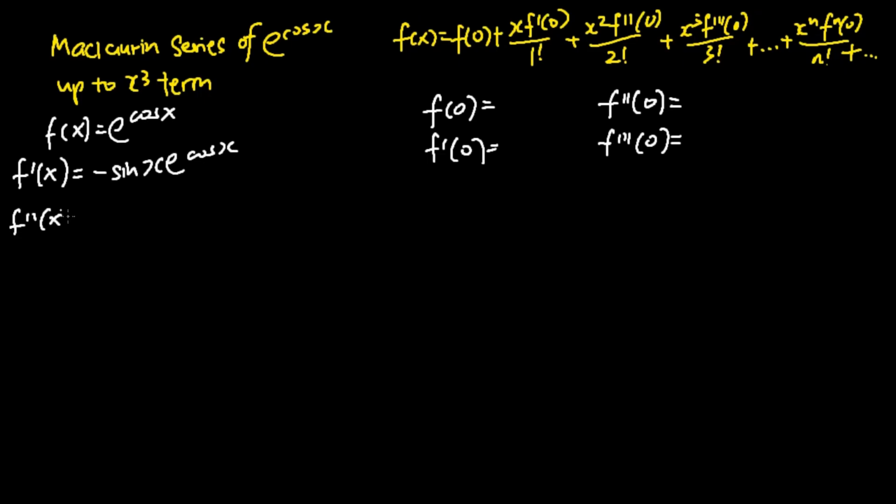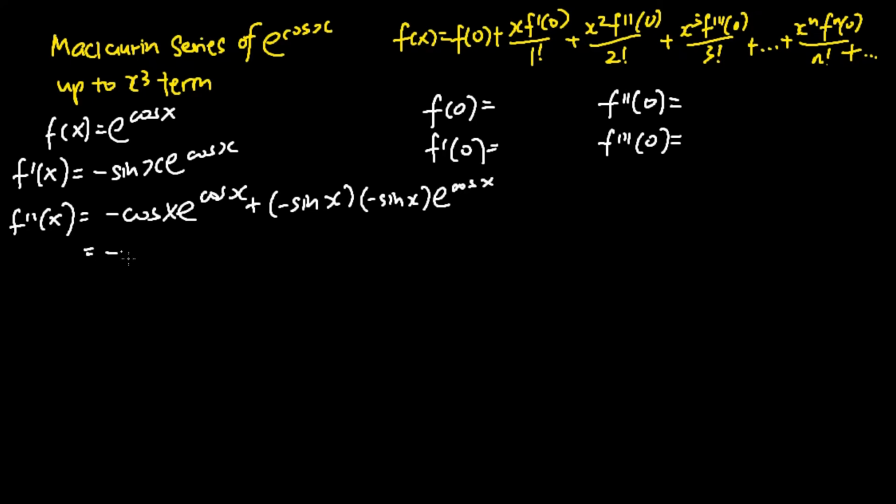Following which we will find what is my f double prime x differentiating f prime x one more time. We will apply the product rule of differentiation and get the following. Differentiating negative sine x, we will get negative cosine x, keeping e to the power of cosine x, plus we keep the negative sine x and we differentiate e to the power of cosine x, we get negative sine x e to the power of cosine x.